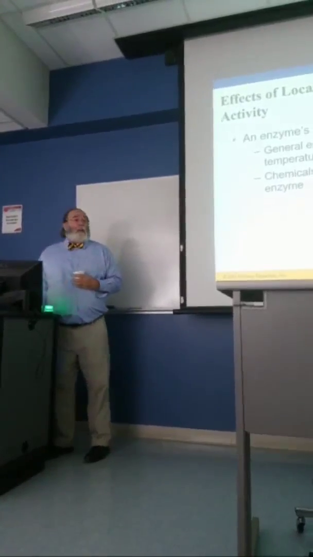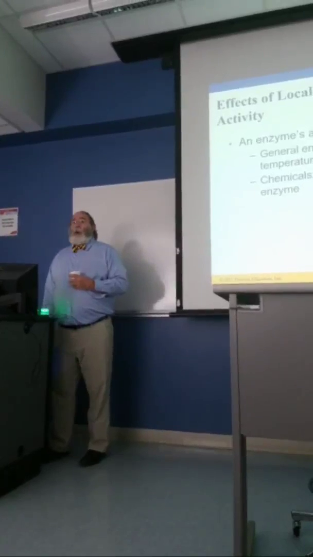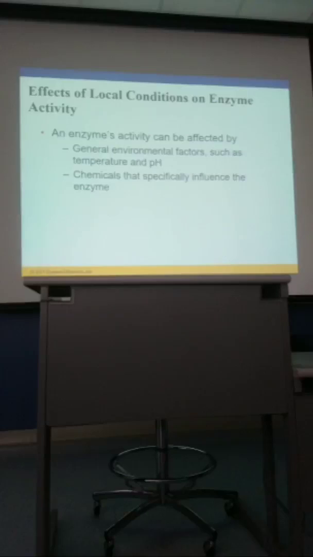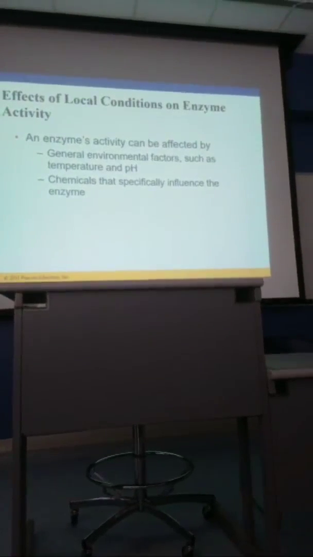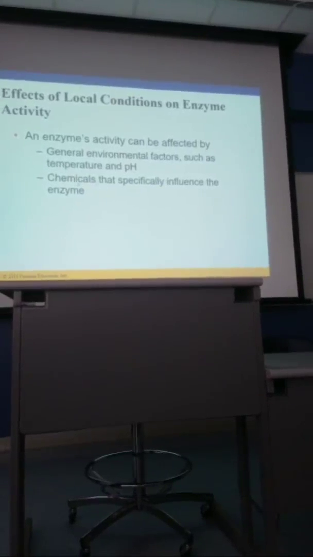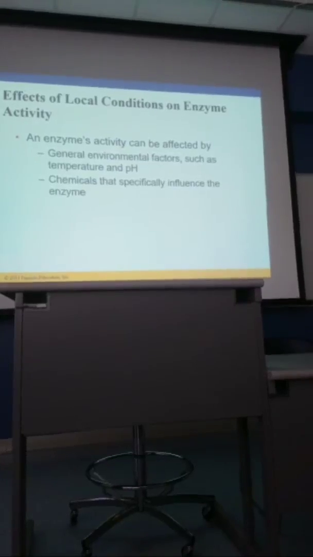If it's too hot, they won't be active. It has to be correct. And that enables, as a control mechanism, to make sure the enzymes work when and where they're supposed to. So, enzymes can be affected by chemicals, temperature, and pH.